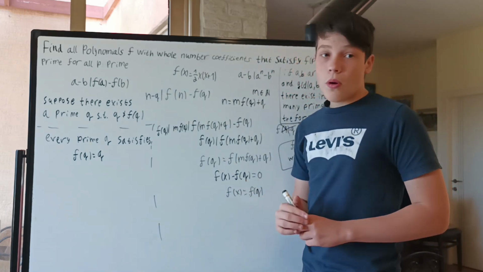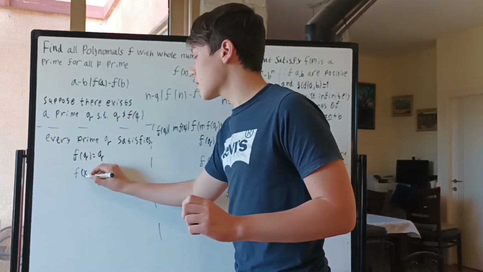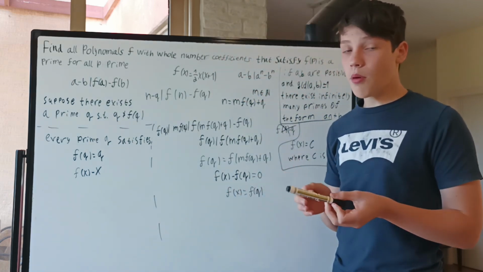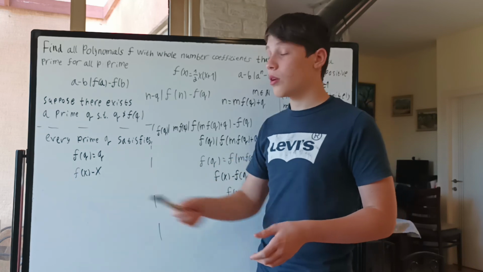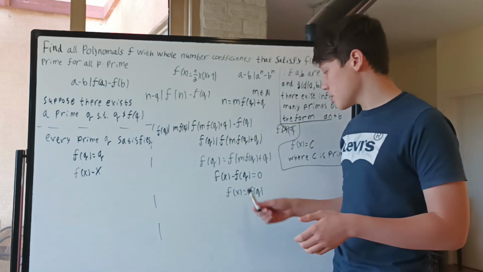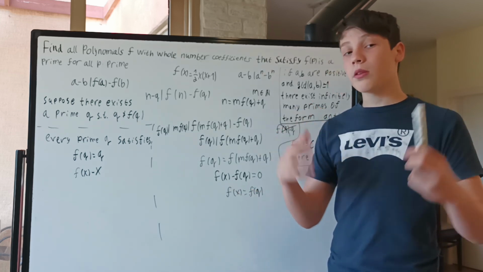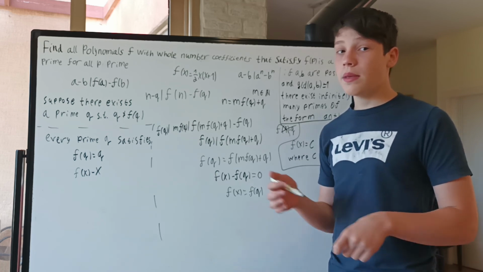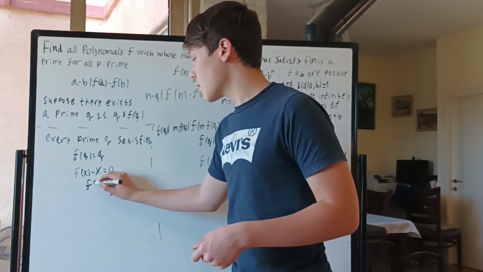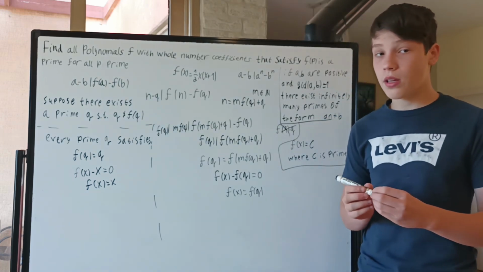But now if this is true, that means that if we look at the polynomial f of x minus x, since there are infinitely many prime numbers, this polynomial would now have infinitely many roots. Just like the polynomial before had infinitely many roots. And again, if a polynomial has infinitely many roots, it has to be 0. Which means that another solution is that f of x is equal to x, aka the identity polynomial.